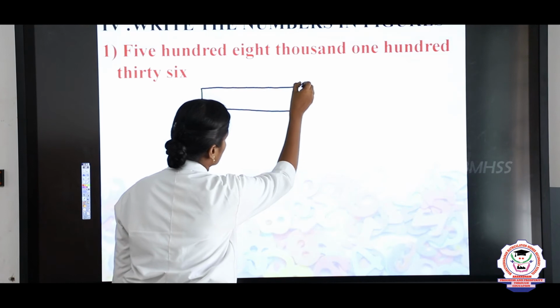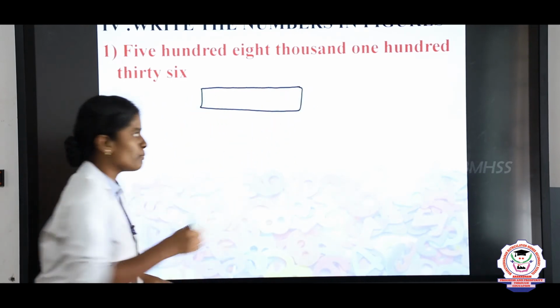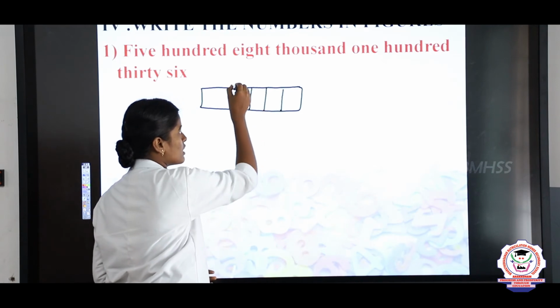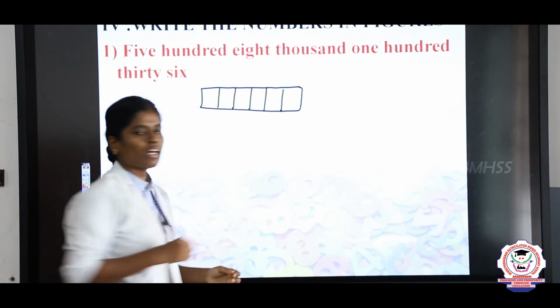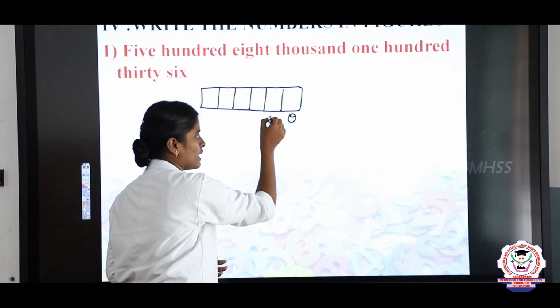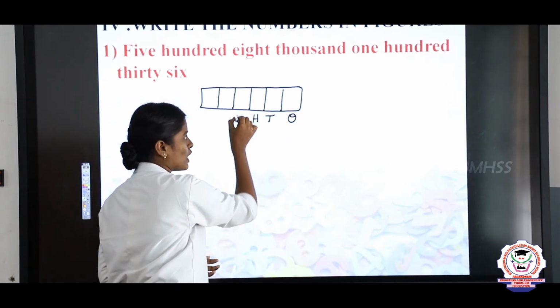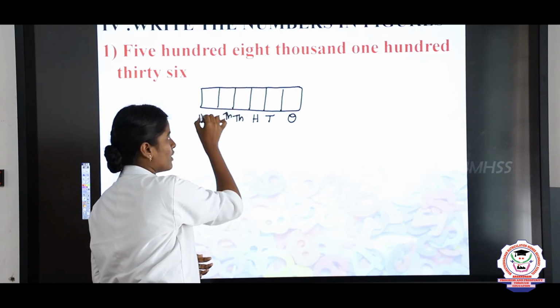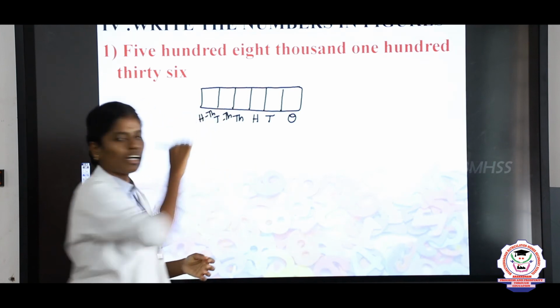In the international place value system, we have 6 subperiods. So put the periods: ones, tens, hundreds, thousands, ten thousands and hundred thousands. Write the place values under the boxes: ones, tens, hundreds, thousands, ten thousands and finally hundred thousands.